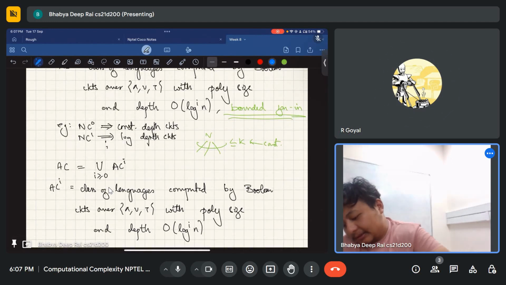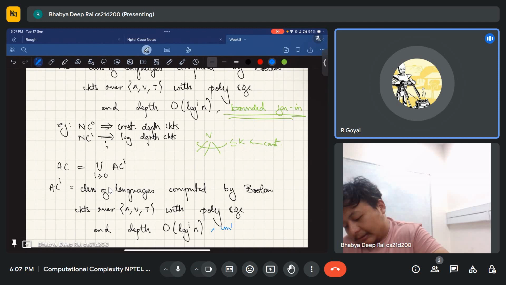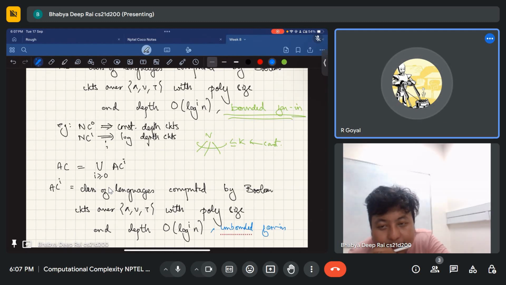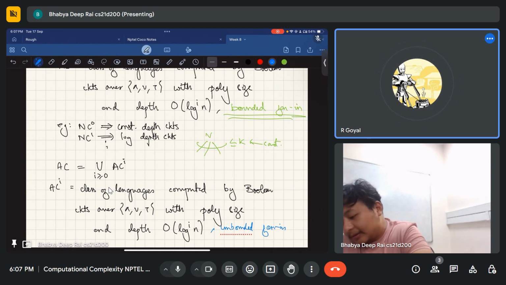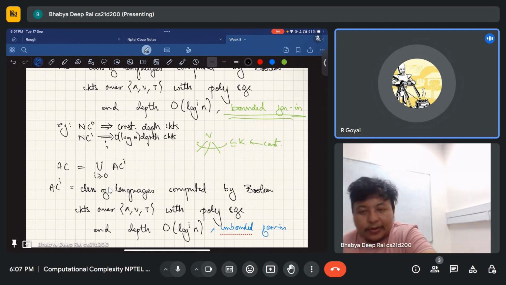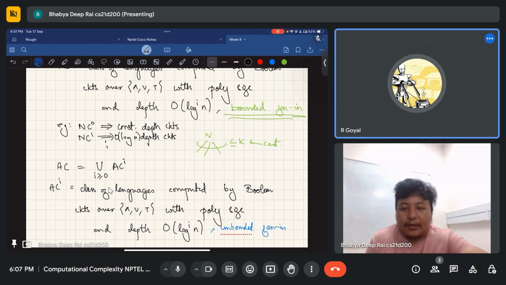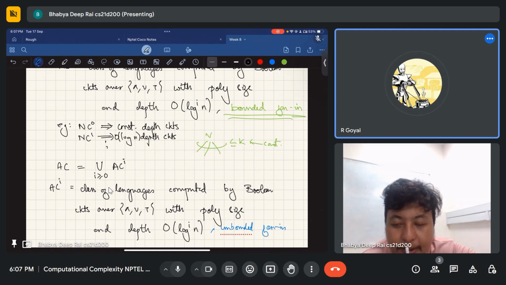I have a doubt here while defining NC. NC0 has constant depth, NC1 has log depth, and probably NC2 would have log squared depth. But then the depth is gradually increasing by such a great amount, the log of n. So then the most prominent one would be the depth of NC0 only.